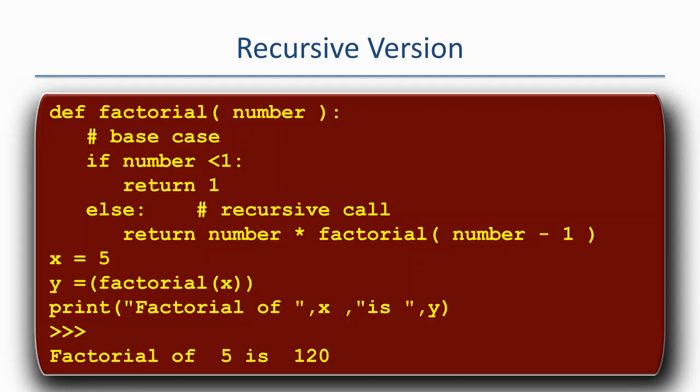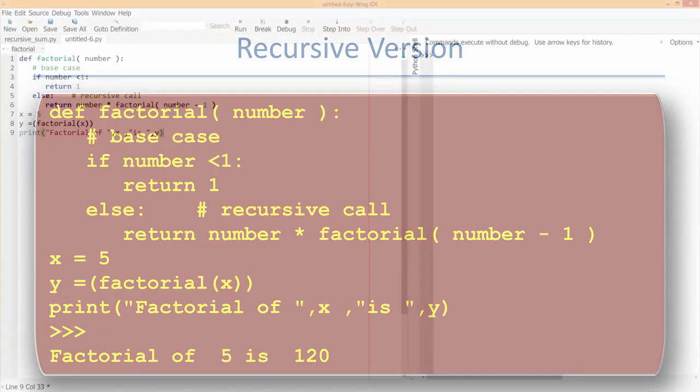In the case of factorial, every time the function is calling itself, the number which is passed to it is decremented by 1. This means that the function is moving down towards the base when the base is 1. And the third law says that a recursive function must call itself, which in this case, as you can see, the factorial function calls itself.